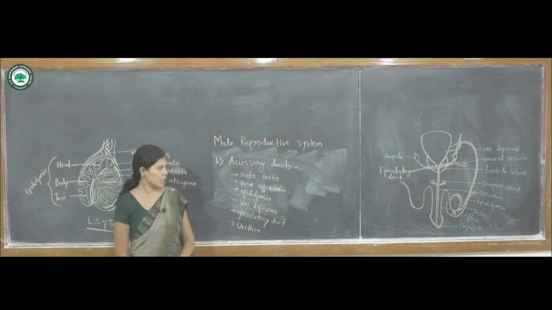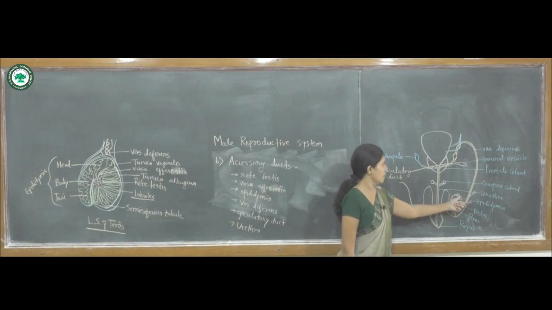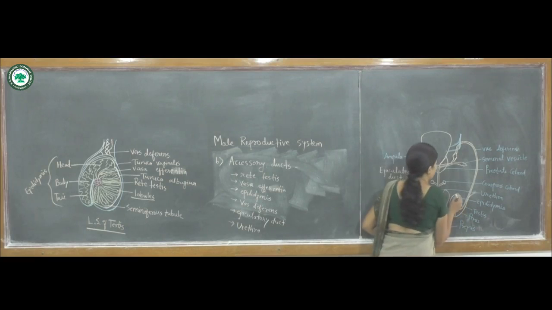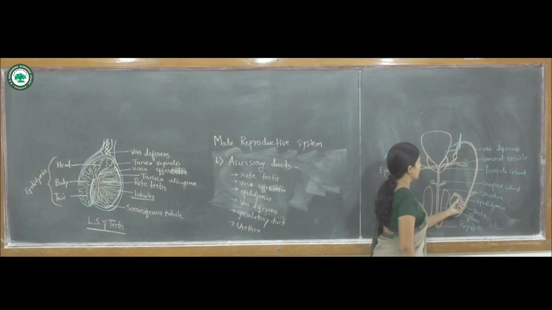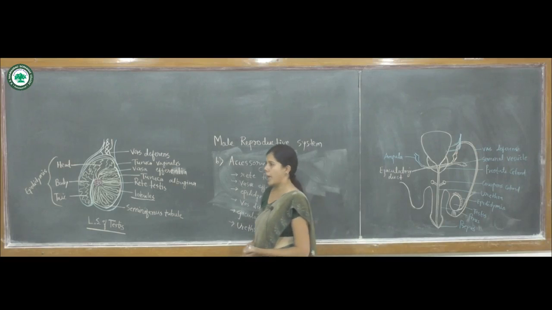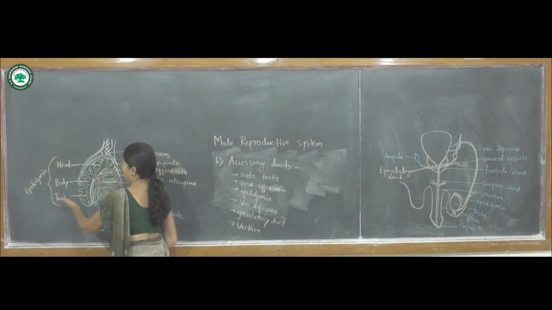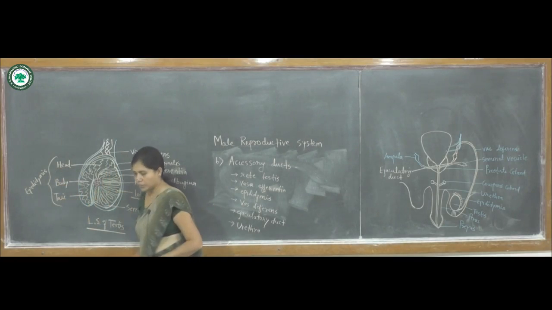The epididymis is arranged in a circular manner around the testis. The epididymis has three parts: head, body and tail.